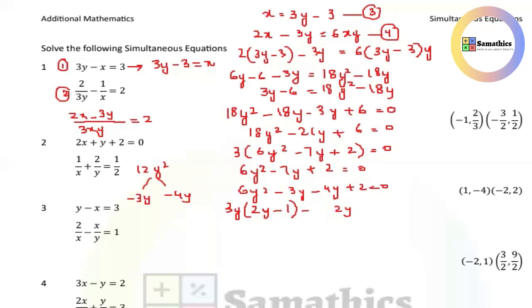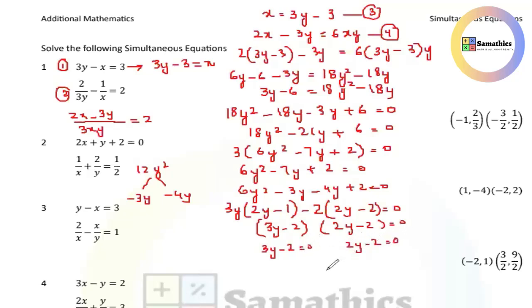So 2y minus 2 is equal to 0. So we have 3y minus 2 and we have 2y minus 2 is equal to 0. So we have 3y minus 2 is equal to 0 and 2y minus 2 is equal to 0.